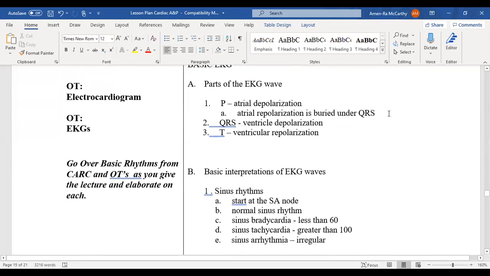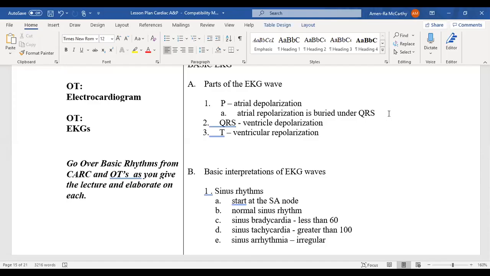All right. Almost done. Basic EKG waves. We know we have a P wave, which is atrial depolarization or squeeze, right? QRS is ventricular depolarization. And the T wave is the repolarization of the ventricle. Now some people say, well, what about the atrial?